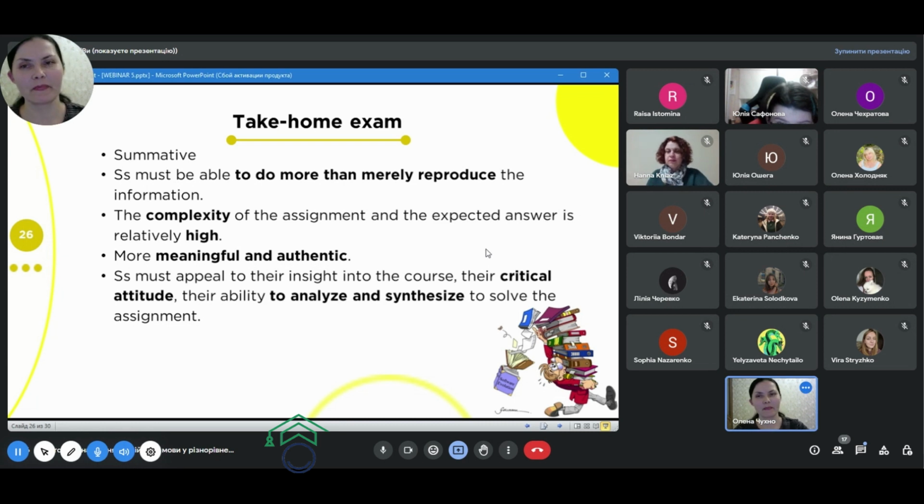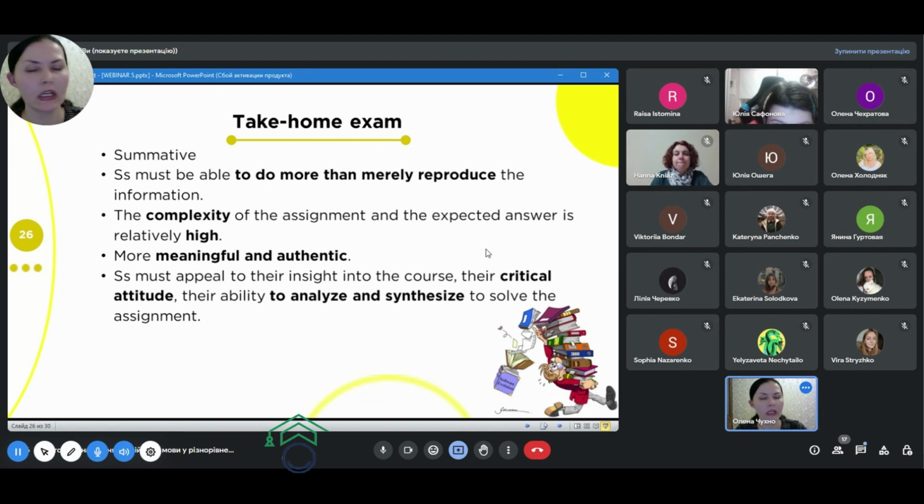This one is great. Instead of conducting an exam in class, you can allow your students to take this exam home. It's a summative technique.